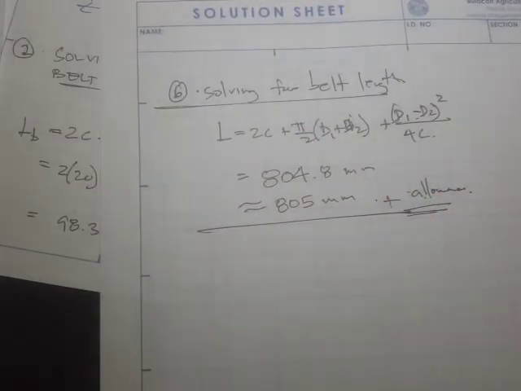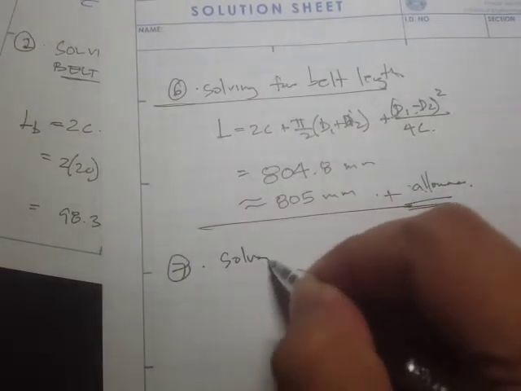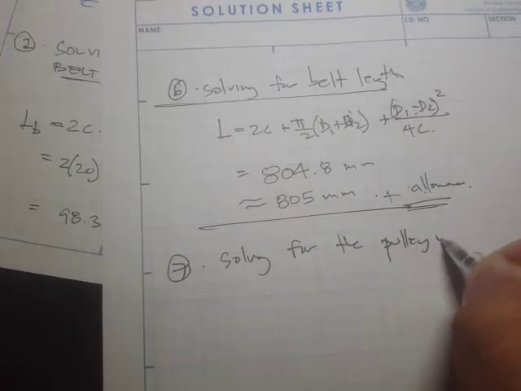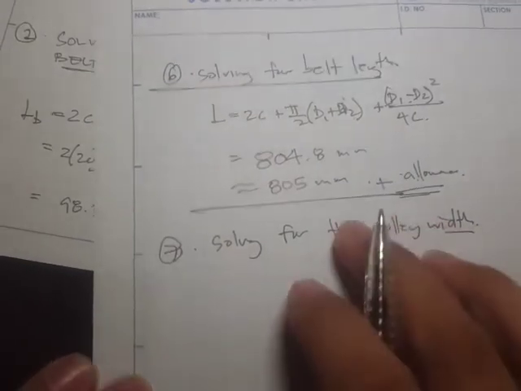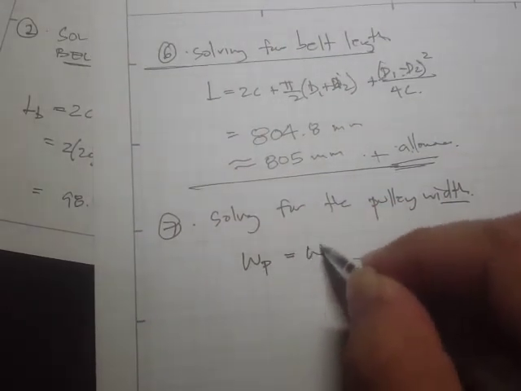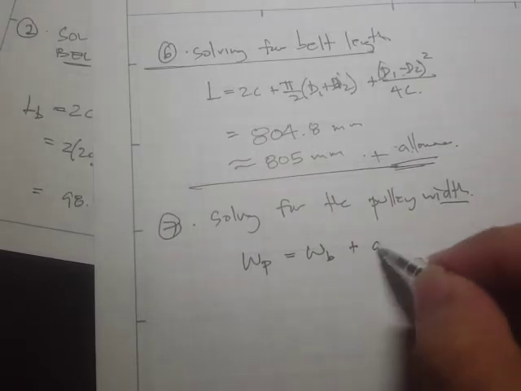Now for the pulley. Solving for the pulley width, because we already have the diameter, the pulley width WP is just the width of the belt plus allowance.